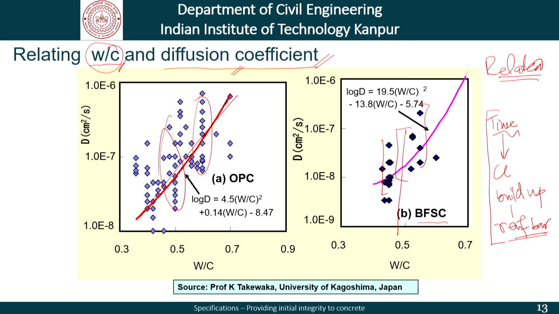So, the codes are aware, the people who wrote those provisions were aware of the fact that controlling water cement ratio is an important way of controlling the diffusion coefficient.